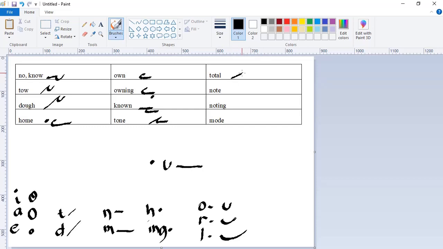Next, we have total. T-O-T-L. Total. Hindi kasi siya total. No, it's total. Remember that our founder is an Englishman. Therefore, may mga hindi tayo maiintindihan na rules and regulations when it comes to pronouncing words sa English. Because we Filipinos are used to pronouncing words how it is spelled, right?